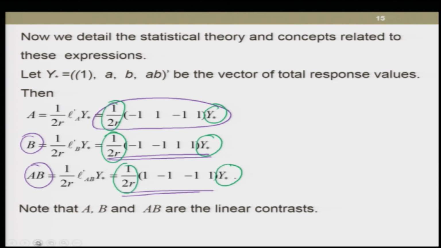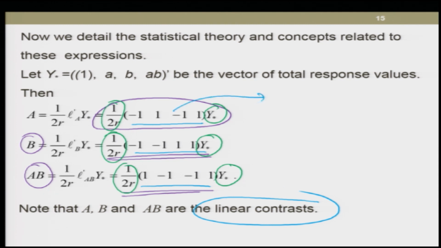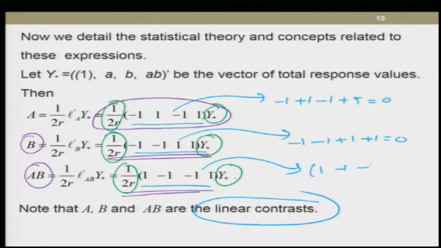What changes is only the placement of +1 and -1. And you can observe one very important thing: all these linear combinations are linear contrasts. In this case, -1 +1 -1 +1 is equal to 0. In this case also, -1 -1 +1 +1 is equal to 0. In this case, 1 -1 -1 +1 is equal to 0. So they are in the form of a linear contrast.